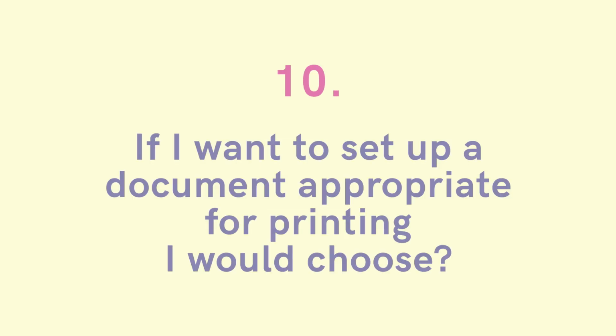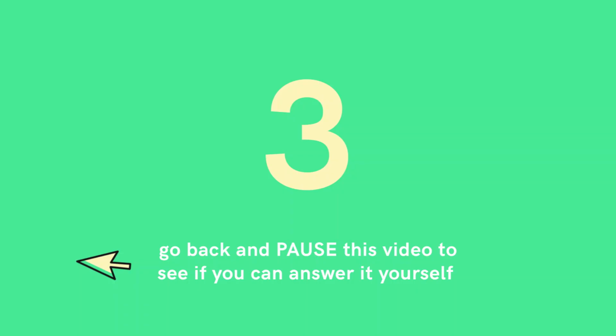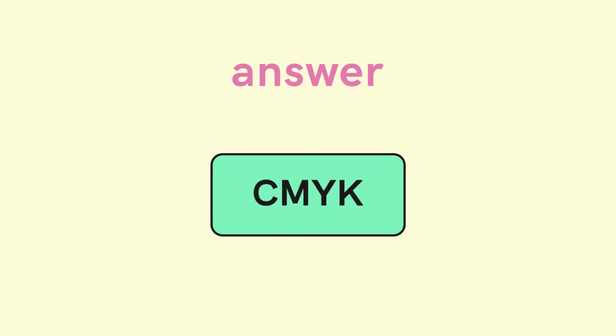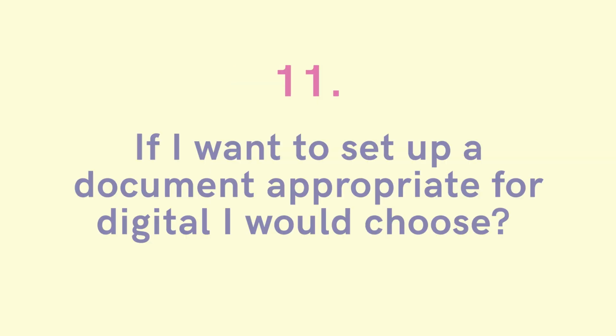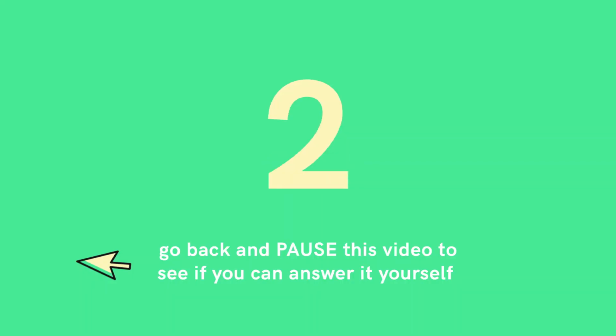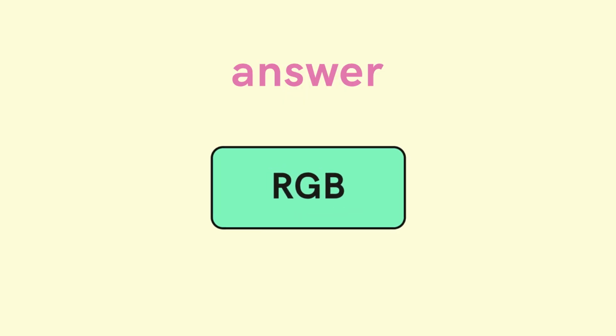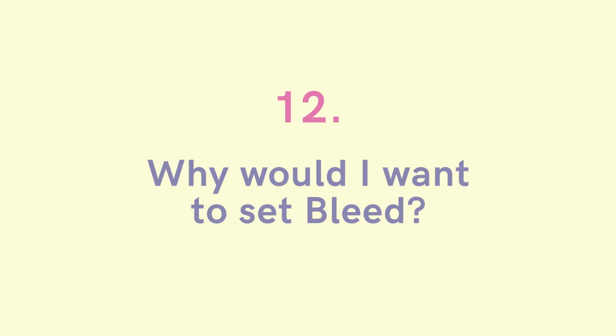Number 10, if you want to set up a document appropriate for printing, what would you choose? Number 11, if you want to set up a document appropriate for digital, what would you choose? Number 12, why would you want to set up a bleed?